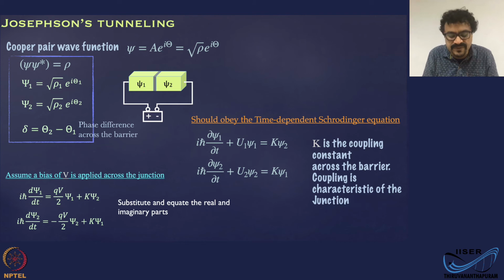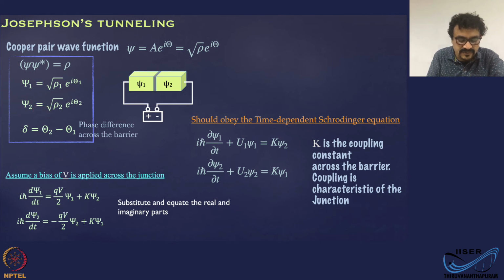This is of the form where A is basically the amplitude of the wave function. If you take psi star psi, that will be the Cooper pair density. So this amplitude should be the square root of rho. So psi1 you can write as square root of rho1 e to the power i theta1, where rho1 is the Cooper pair density, concentration on this side.